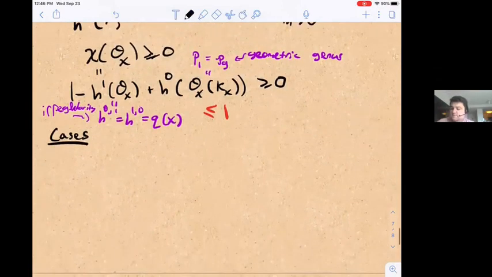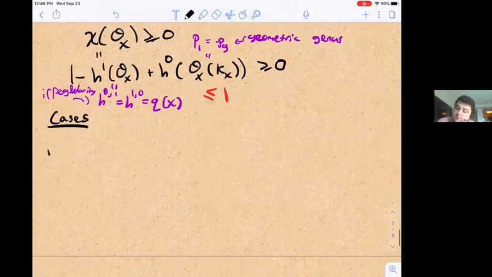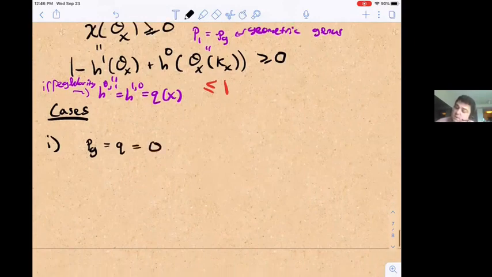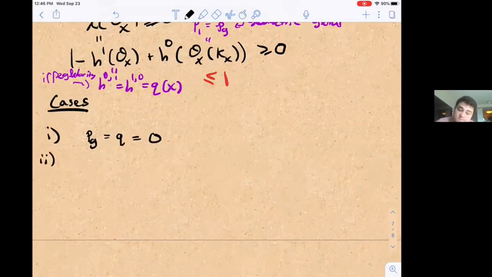Okay, so let's write down our possible cases for Q and PG. So we could have both of them 0. We can have PG 0 and irregularity 1.